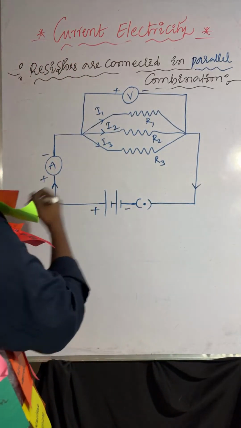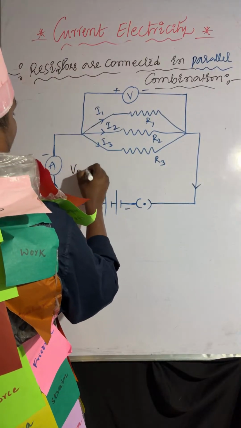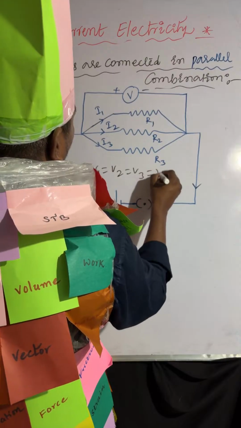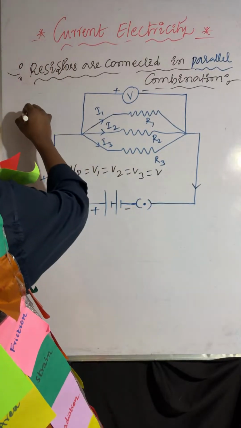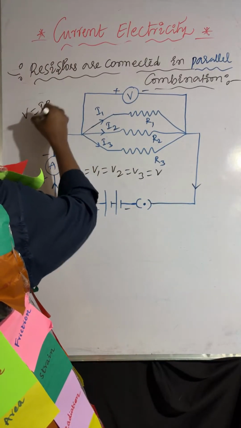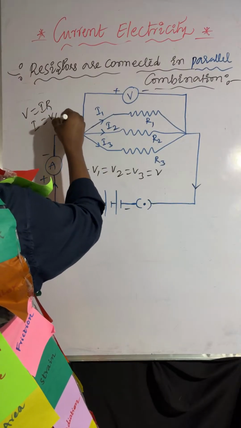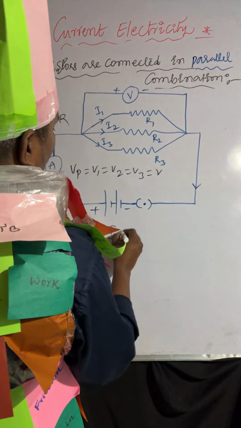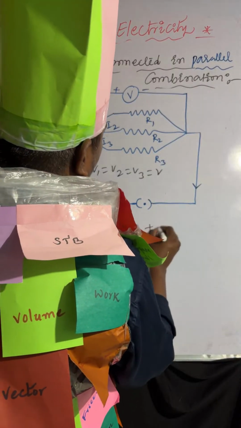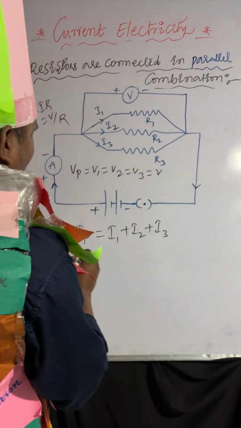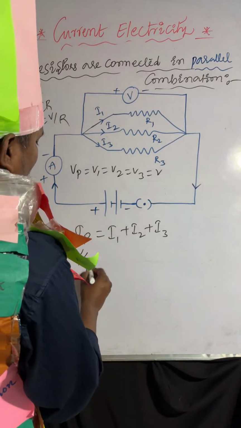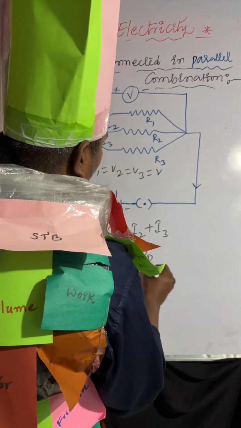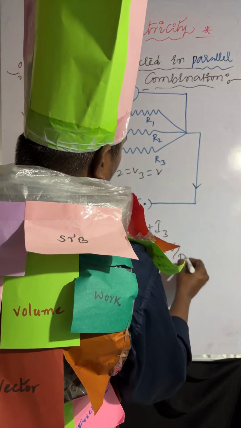Now you can see, Vp equal to V1 equal to V2 equal to V3 equal to V. Then we know V equal to IR, so I equal to V by R. Then Ip equal to I1 plus I2 plus I3. Then V by Rp equal to V by R1 plus V by R2 plus V by R3.